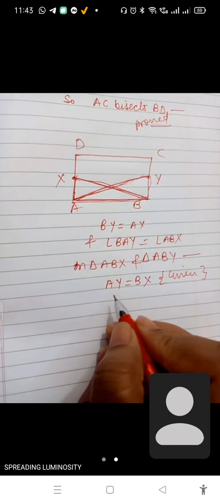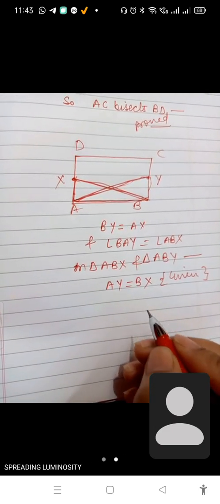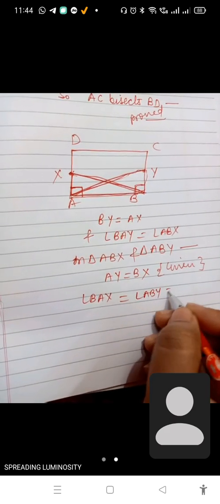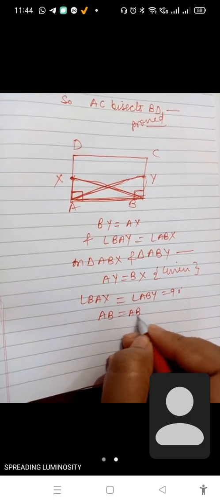Reason: given. Second, we know that in a rectangle all the angles are 90 degrees. So angle BAX is equal to angle ABY is equal to 90 degrees. The third is AB is equal to AB. It is common in both the triangles.